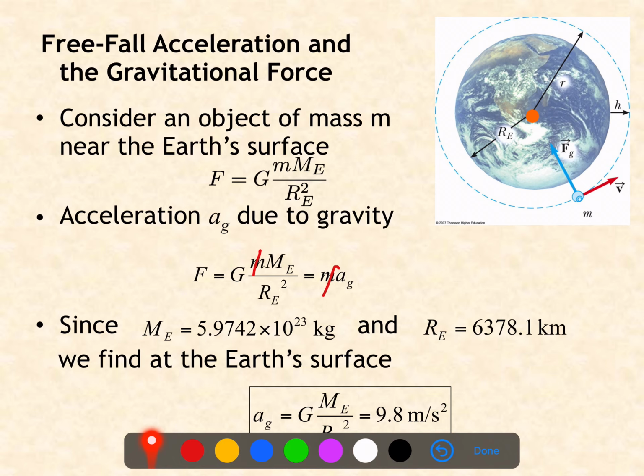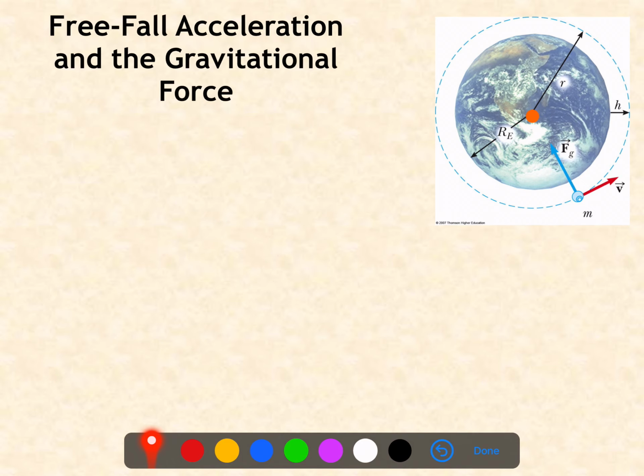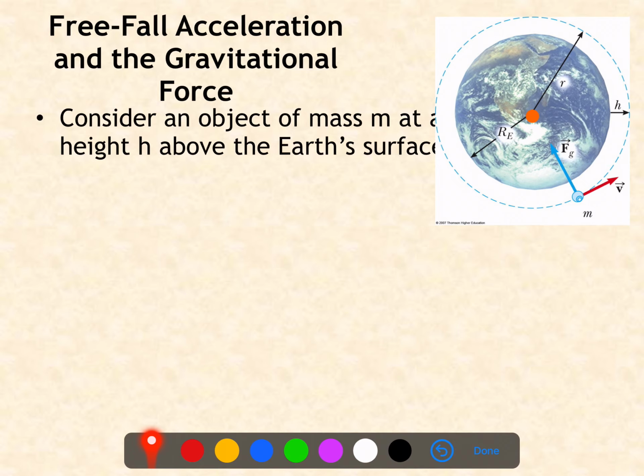Now, of course, I'm simplifying a little bit because in actuality, the shape of the Earth isn't a perfect sphere, and there are topography considerations as well. And when you are at a height above the surface of the Earth, then it might be enough to actually become something that you need to consider.